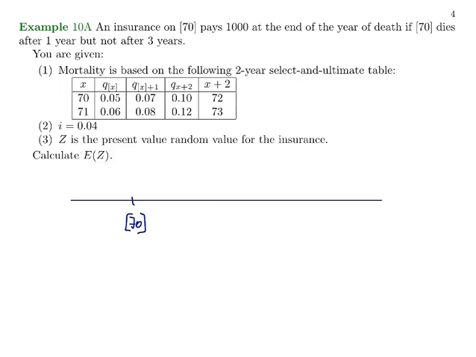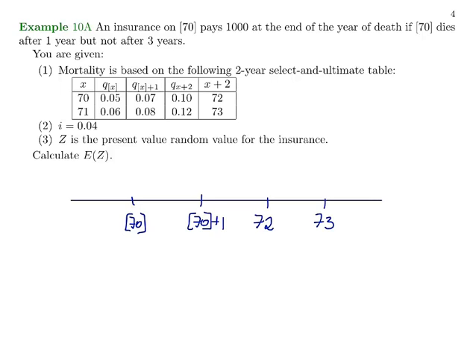The time frame for this problem is 3 years, so we'll put 70 plus 1. And since it's a 2-year select and ultimate table, we don't need the brackets after 2 years, so 72 and 73.